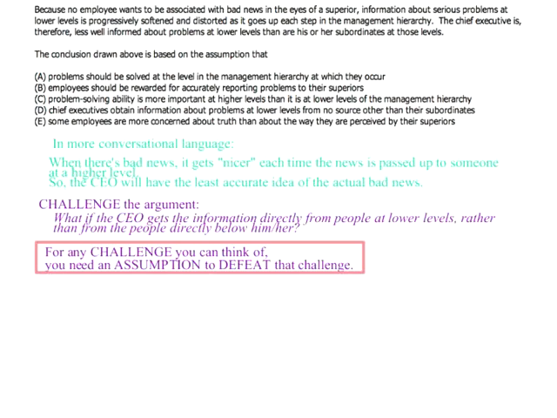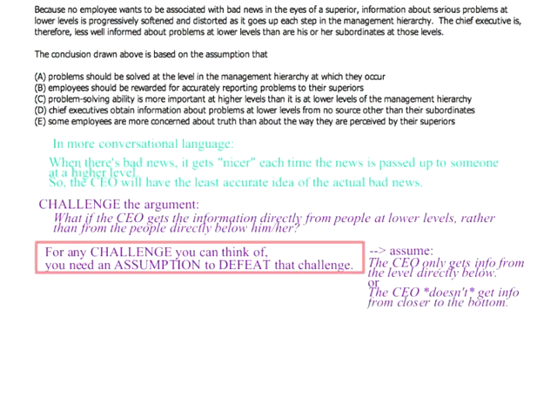But here, if you think of this particular challenge, you need to assume in this argument that the CEO only gets information from the next lower level, the level directly below. Or you can say the CEO doesn't get information from closer to the bottom. So that's choice D here.